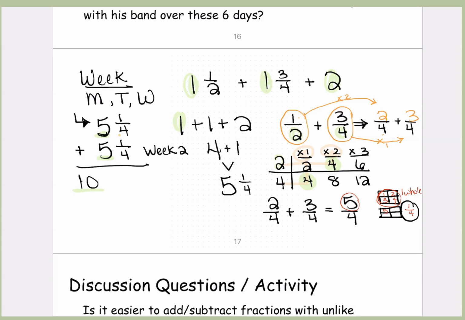Then we can add this fraction and this fraction, 1/4 plus 1/4, which gives us a value of 2/4. Now remember, we can simplify that down, 1/2. So our answer would be 10 1/2 for 2 weeks of activity.